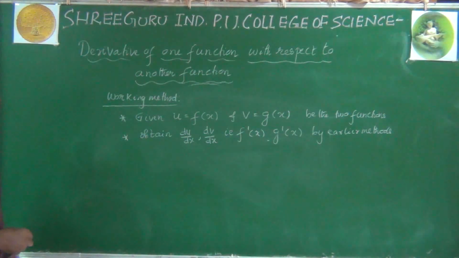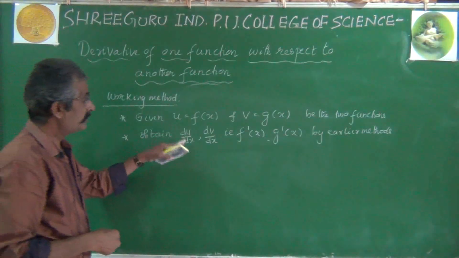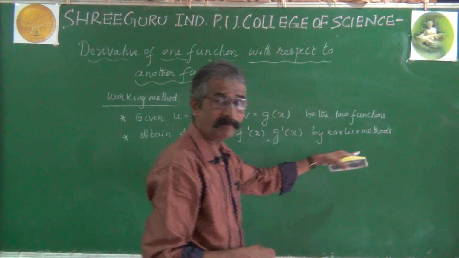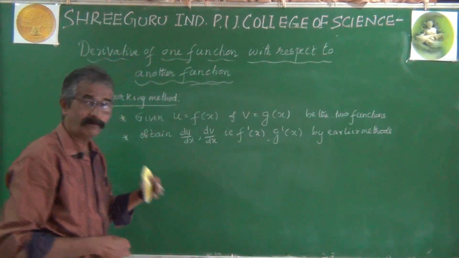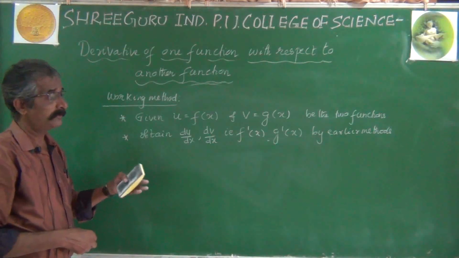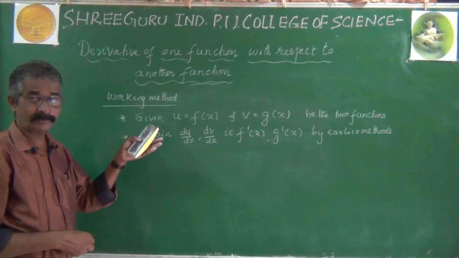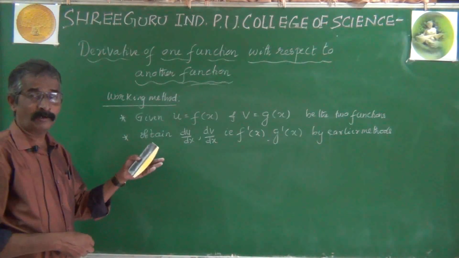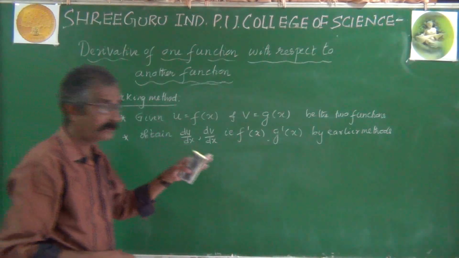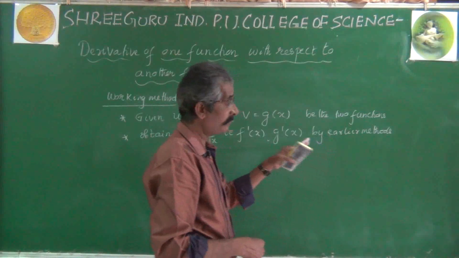Keep in mind, obtaining du by dx and dv by dx by earlier methods means it may be by sum rule, product rule, quotient rule, substitution method, logarithmic differentiation, or any other earlier methods of differentiation.